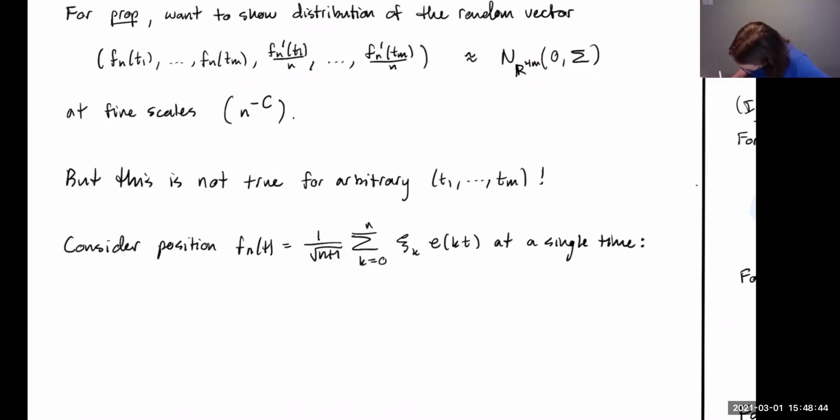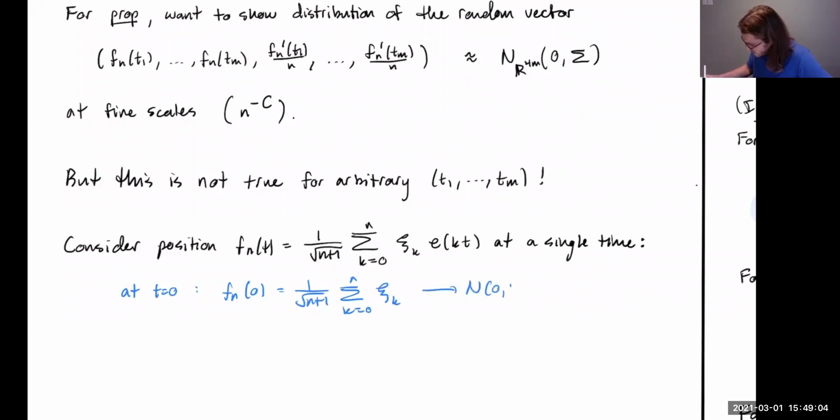So if you look at t equals 0, then f_n of 0 is 1 over root n times a sum. So the phase goes away there, and you just have a sum of IIDs. Let's just imagine the Rademacher case. So this is real. We do have a central limit theorem, but it does this at the slowest possible rate.